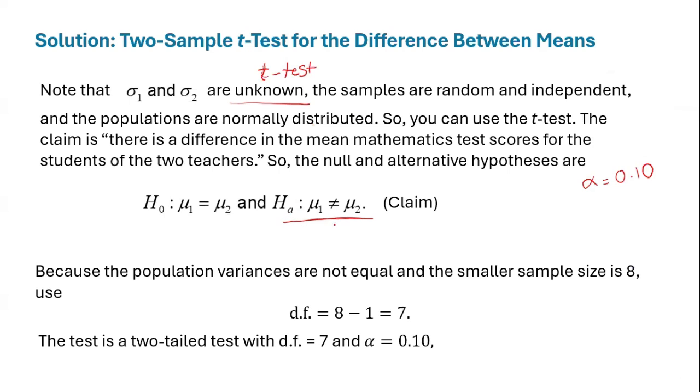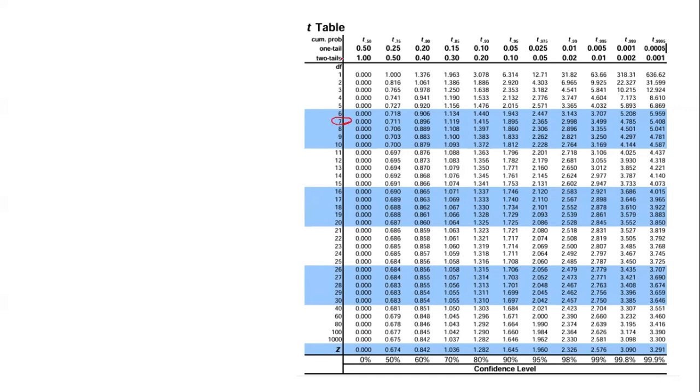Alternative hypothesis has a not equal sign. Not equal sign means I have a two-tail test. And in a two-tail test, it means that the 10% is for two tails. So I just look at the two-tail and look for 10%.